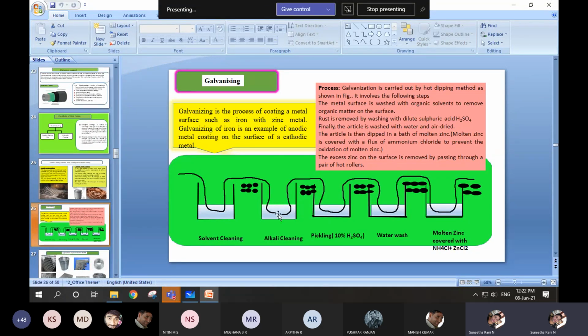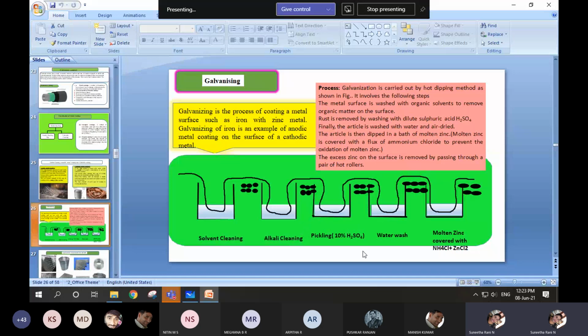Once degreasing is done in the second container, pass the same sheet into the third container, which contains highly concentrated H2SO4 of 10%. In acidic condition, whichever impurities were not removed in the first container, and the oil and grease not separated in the second container, everything will be removed in the third container.